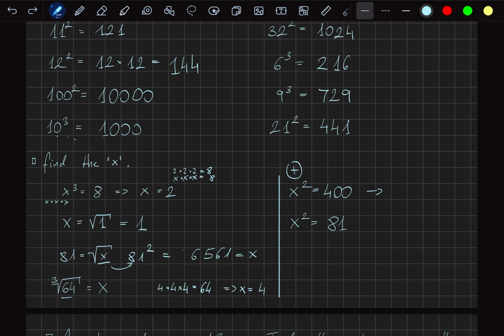It will be the 20, and x2, it's minus 20, because minus 20 times minus 20, minus times minus is plus, 20 times 20, it's 400. And here, so here we have two solutions. Okay, 9 and minus 9.